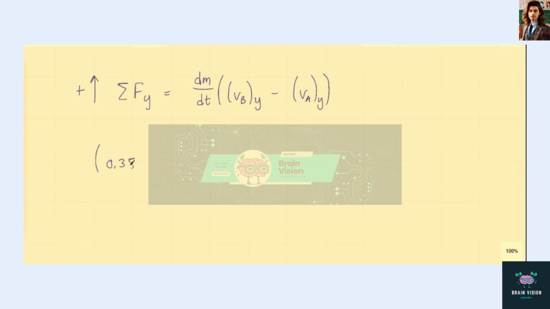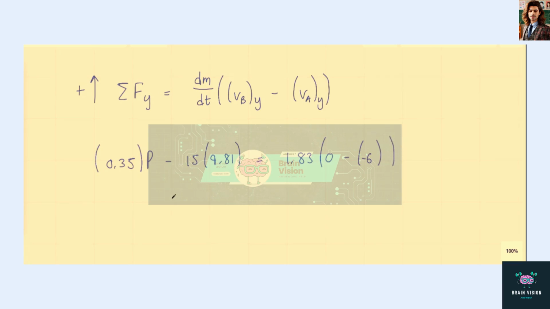This force is the area over which the pressure acts times that pressure, 0.35 times P, minus the weight of the mower acting downwards, which is 15 times 9.81, and this is equal to dm/dt, which is 1.83, times 0, since at the exit the air is moving horizontally as it hits the ground and there are no y components, minus the speed of the air at the intake, which is 6 meters per second, but that's downward, so that's negative.